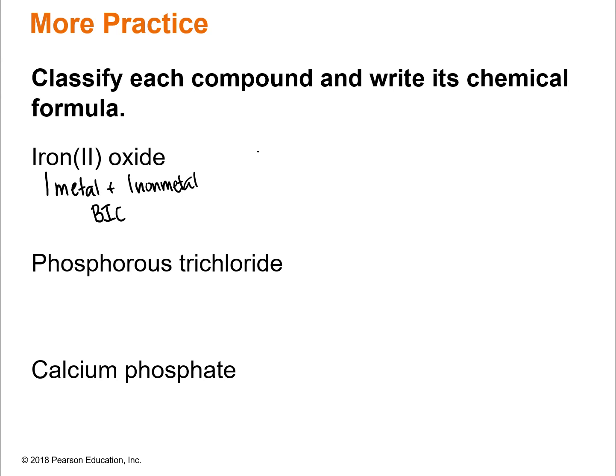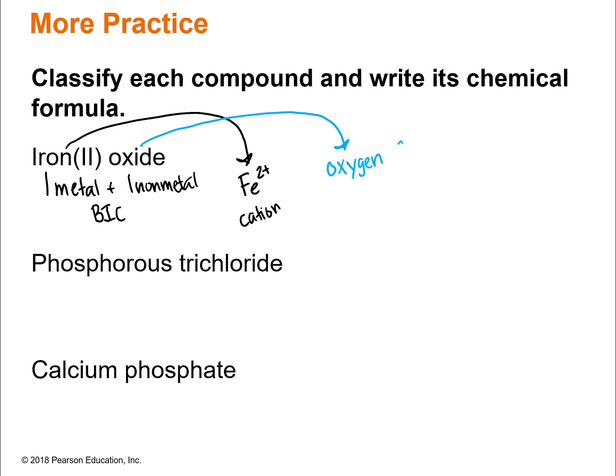Writing the chemical formula, we can directly translate that iron 2 part. The oxide, we got to do a little bit more work on. So that comes from oxygen, which is in group 6A. We find its charge by taking the group number and subtracting 8. That gives us -2.